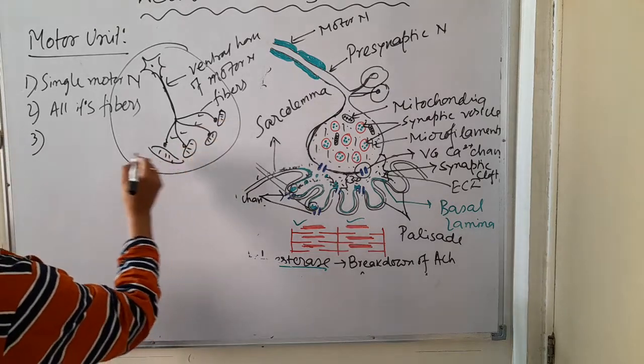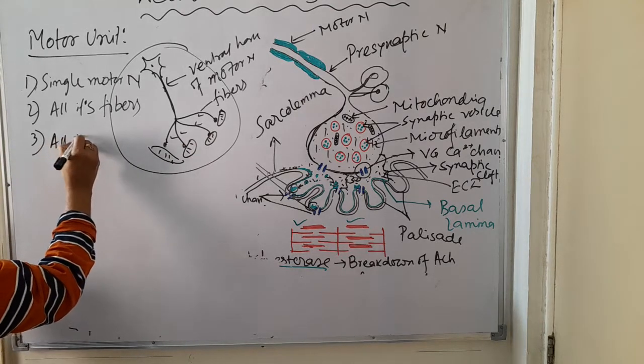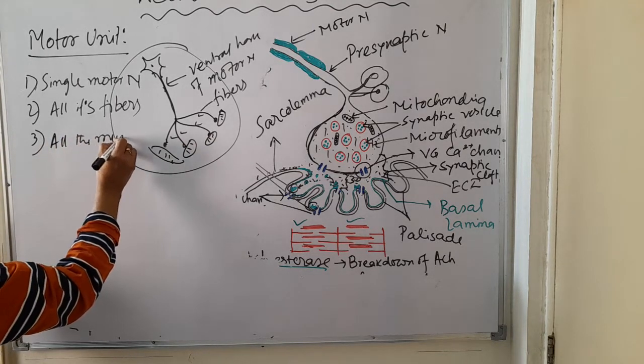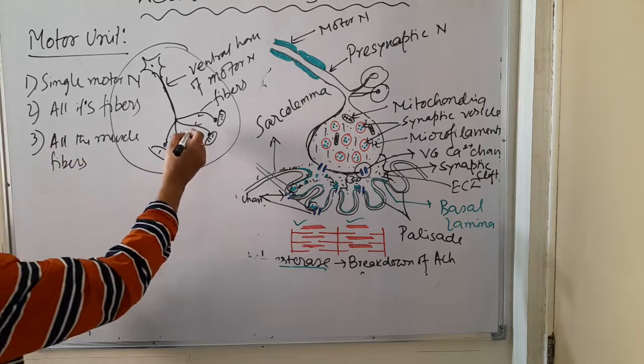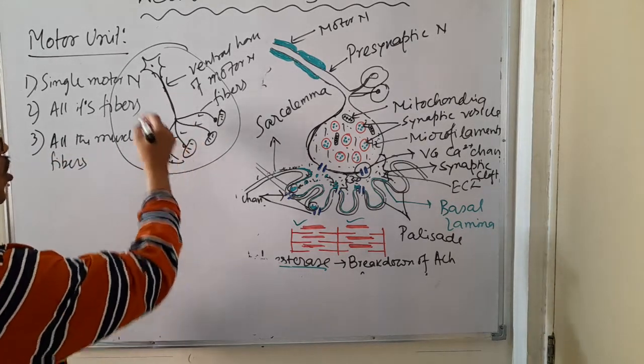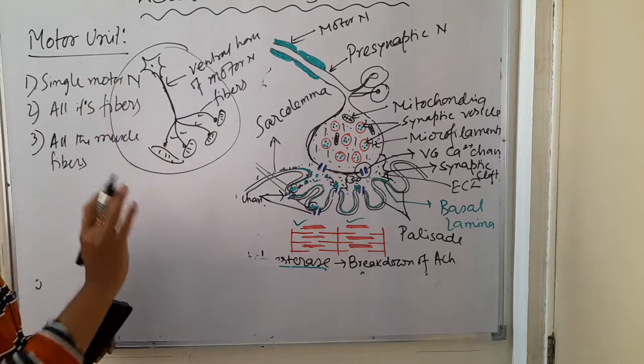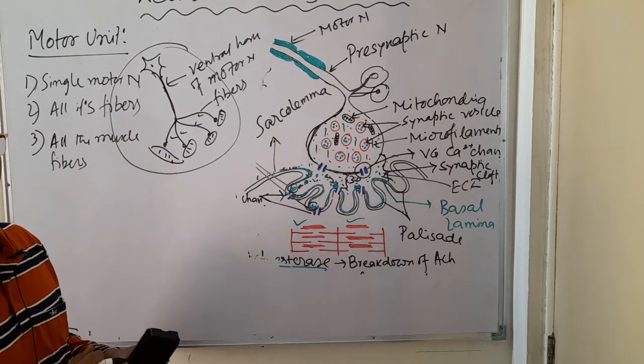So here 4 muscles are there. So all the muscle fibers which are supplied by this single motor neuron are collectively known as the motor unit.